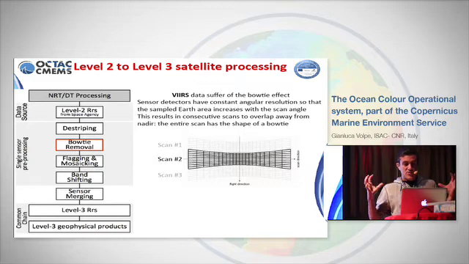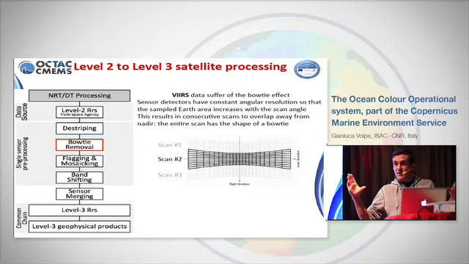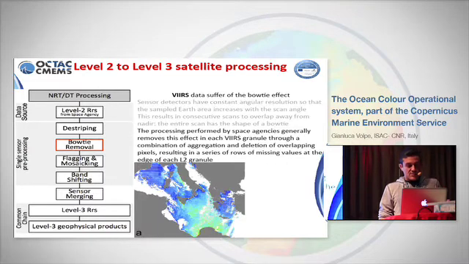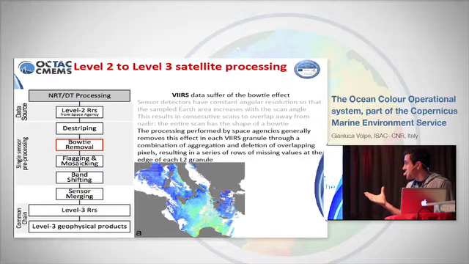The result is a bow-tie shaped sequence of acquisitions. Space agencies remove these effects through a combination of aggregation and deletion of the overlapping pixels.